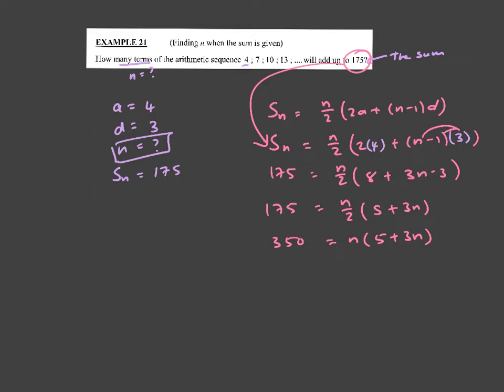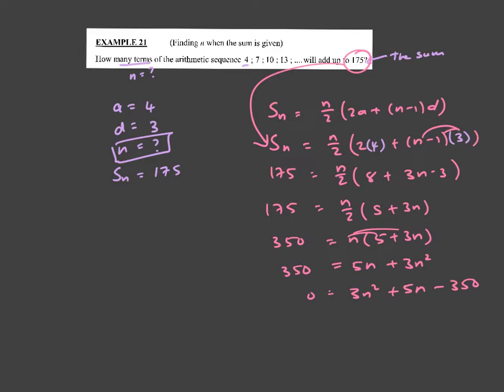Okay, so this happens quite a lot. And of course, you can already see what's going to happen here. If you expand that, you get 5n plus 3n squared is equal to 350. And what do you have there? You've got a quadratic trinomial. So just rearrange it. Then you either solve this using the quadratic formula, I would advise this, or factorize the living daylight out of this.